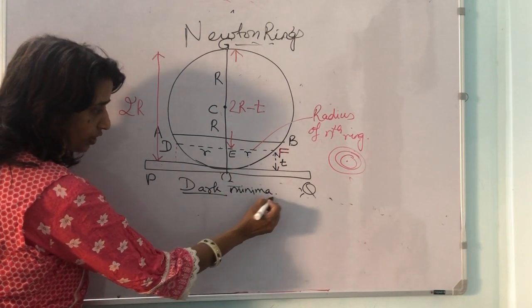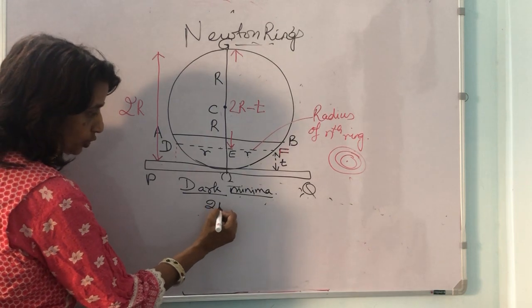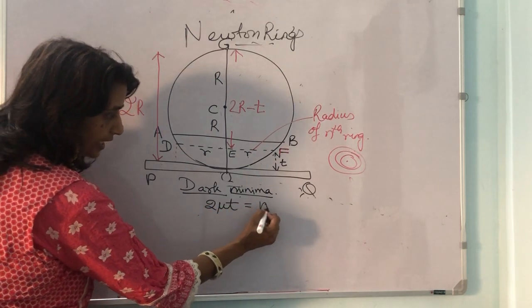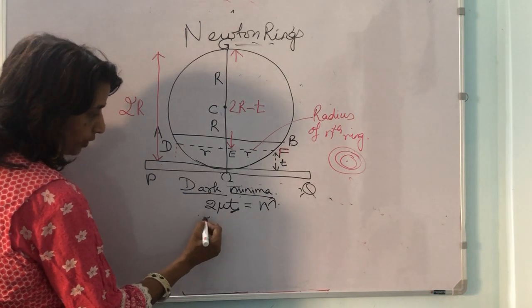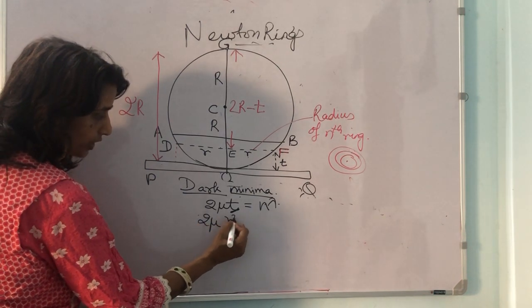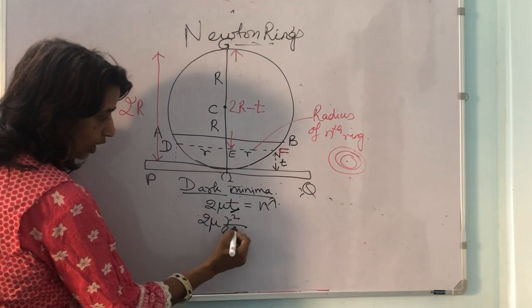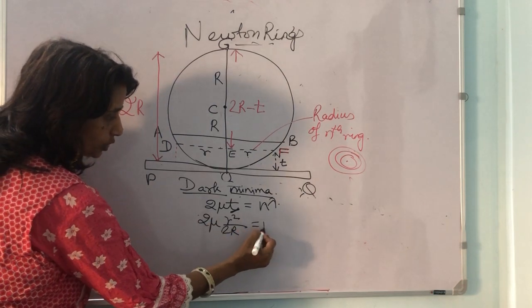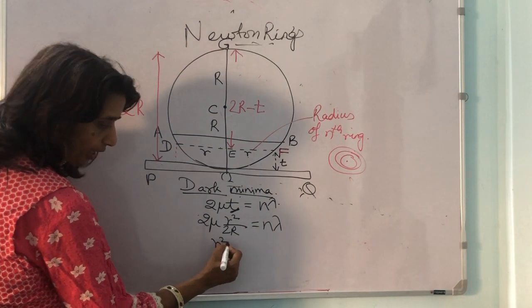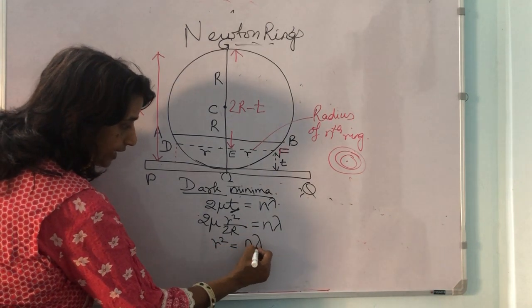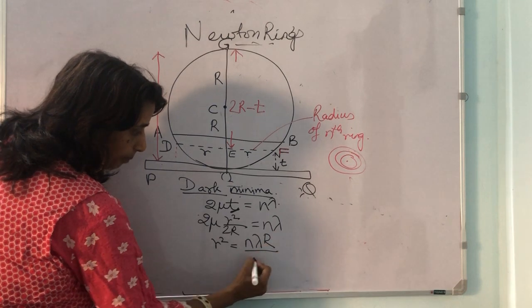For dark rings or minima, it is 2 mu t equals n lambda. t we put equal to R square upon 2R. So R square upon R is equal to n lambda, and then R square is equal to n lambda R upon mu.